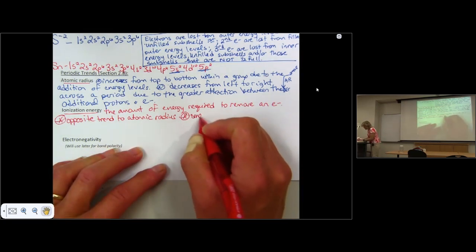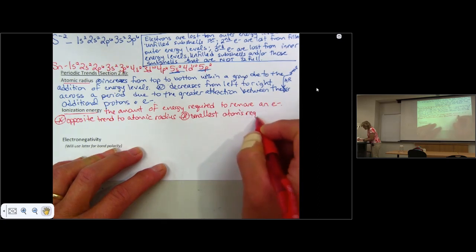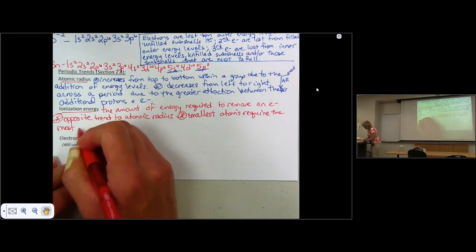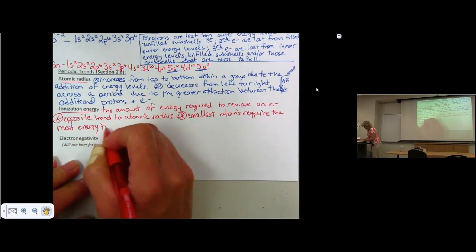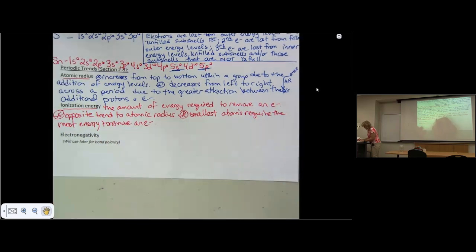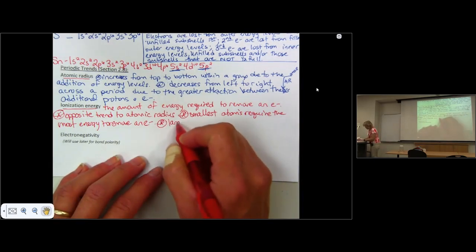Make another note to yourself. The smallest atoms require the most energy to remove an electron. Largest atoms require the least.